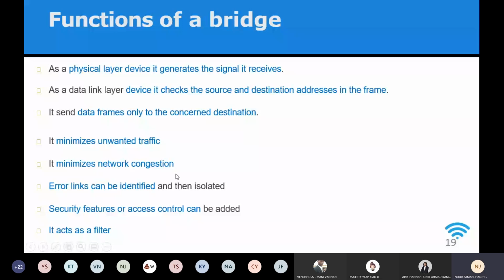The next is that error links can be identified, in case errors are there, they can be identified as well. There are also security features or access control that can be added. In fact, we can apply some level of security by using its filters and other mechanisms. So these are the functions of the bridge.